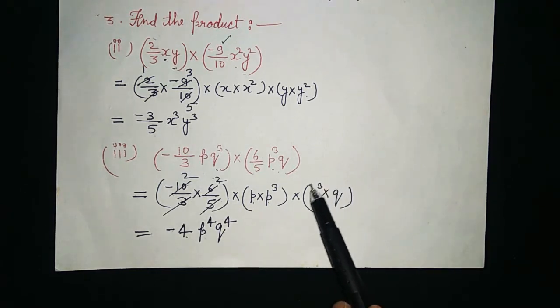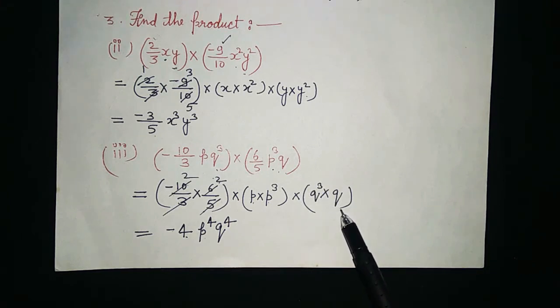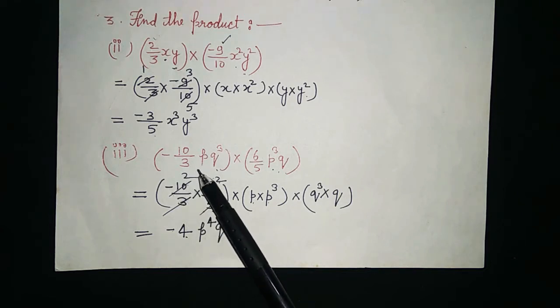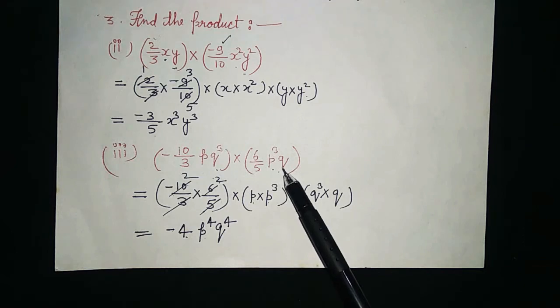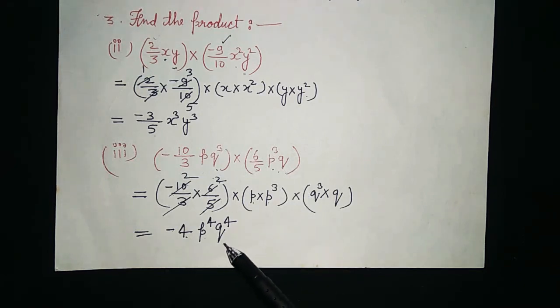Now q cube and q we will multiply, we will get q to the power 4. Now the result of multiplication of minus 10 upon 3 p cube into 6 upon 5 p cube q is minus 4 p to the power 4 and q to the power 4. Okay.